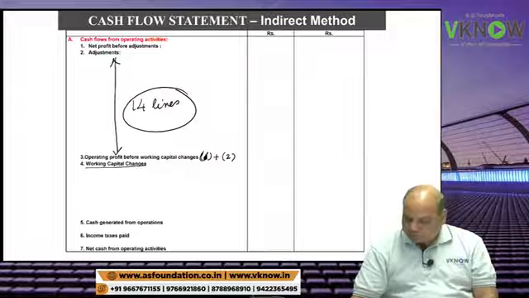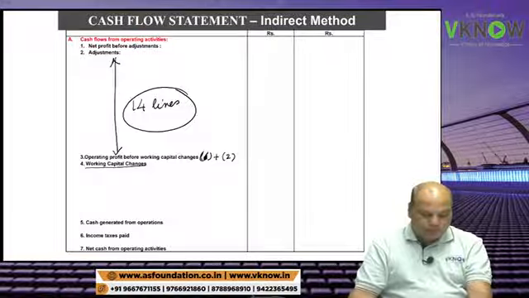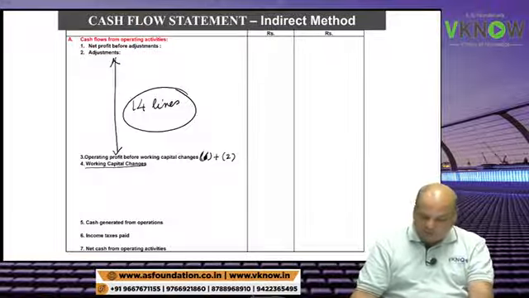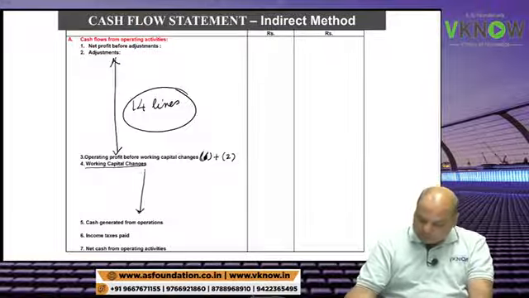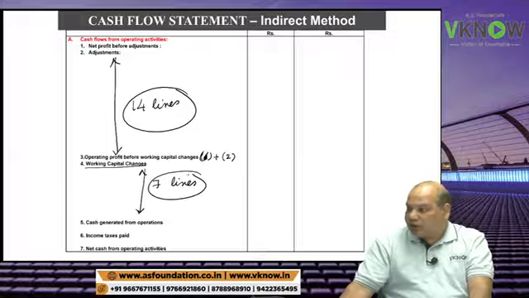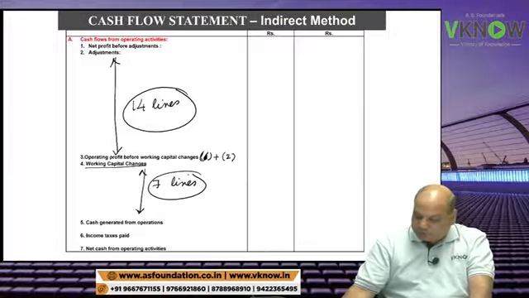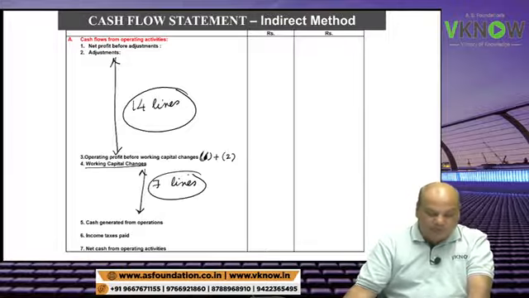Point number 4, write down working capital changes. Keep here about 7 or 8 lines blank, otherwise you will not be able to write properly.